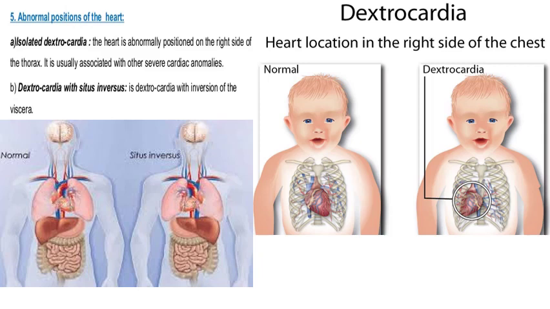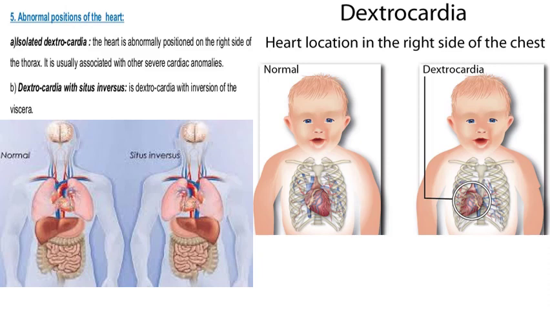But there is a condition called situs inversus totalis, where dextrocardia is seen along with situs inversus. That means all the organs are inverted, reflected onto the opposite side.